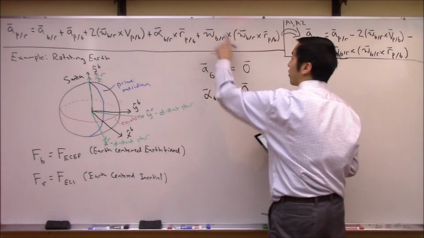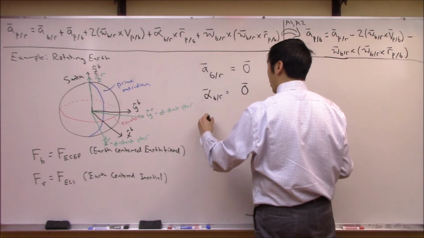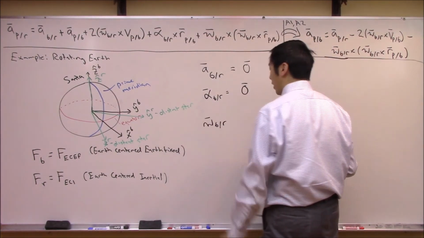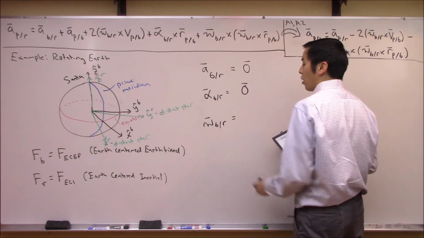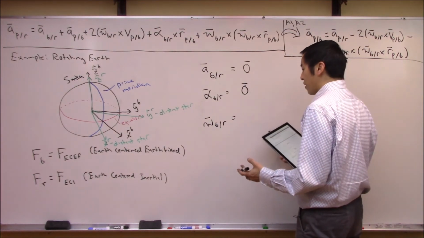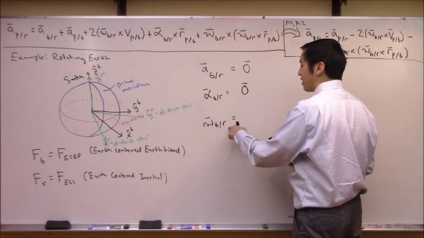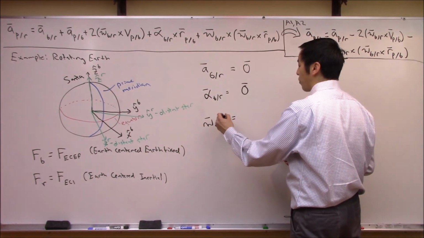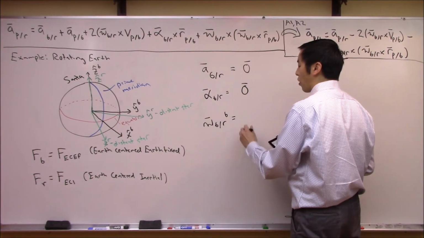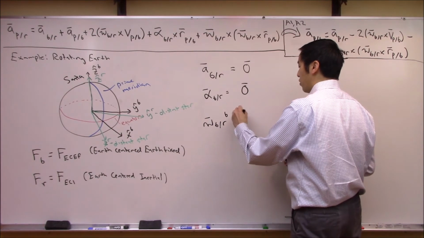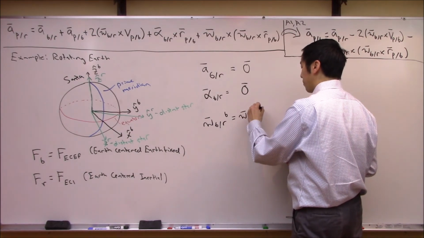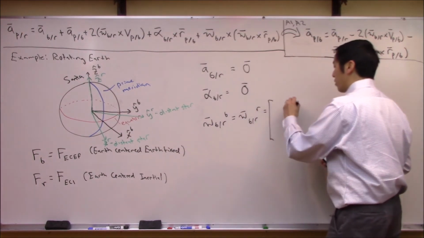Now, what are some of these other terms? How about omega b with respect to r? I think we can easily describe this, and we can express this in any frame we want, either the b or the r, and I think you'll agree with me that these two are numerically the same, expressing them in either one.